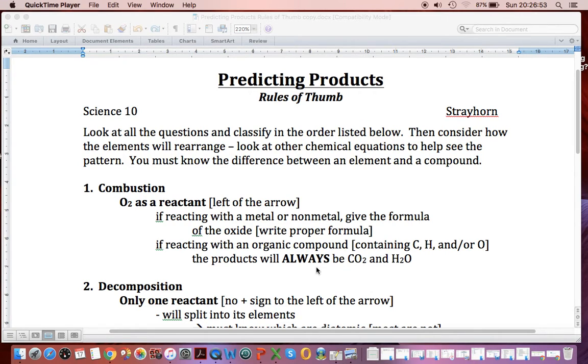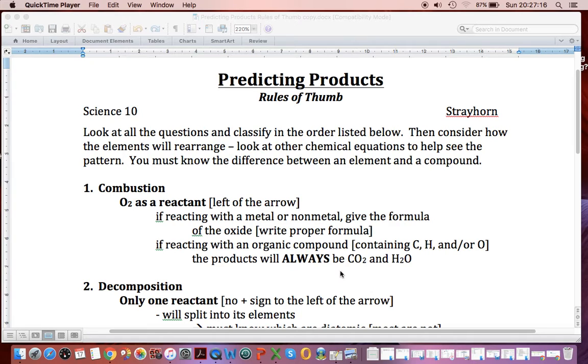If it's going to be a nonmetal being burned, then usually you have a little latitude in what formula to write. If it's an organic compound, and we say organic, oh, they've got carbon and hydrogen, they may have other things, they might have oxygen in this game. But here's a nice thing, it says always. In chemistry, often we don't have always.